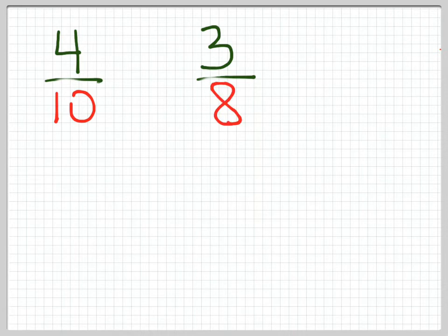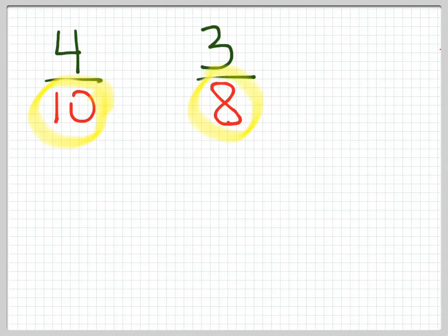Now all of a sudden it's kind of tricky to figure out: is 4 out of 10 more than 3 out of 8? Or is 3 out of 8 more than 4 out of 10? It's a little bit trickier and more difficult, and this is where the lesson really kicks in. We're going to have to find a way to compare fractions that have different denominators.